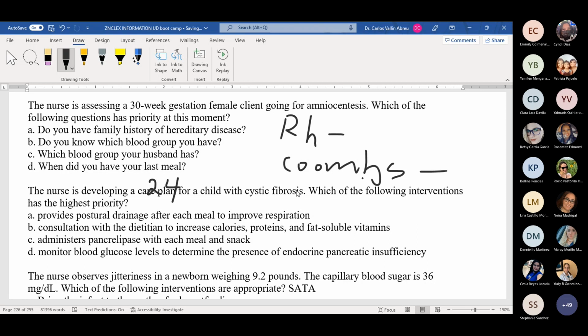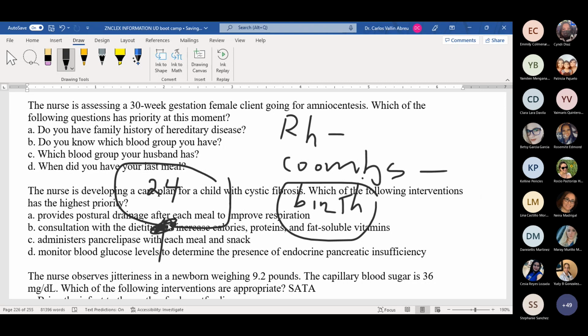At the end of the pregnancy, at birth, it should be given to any woman who is Rh negative, Coombs negative. One dose in the middle of the pregnancy and another dose at the moment of birth.